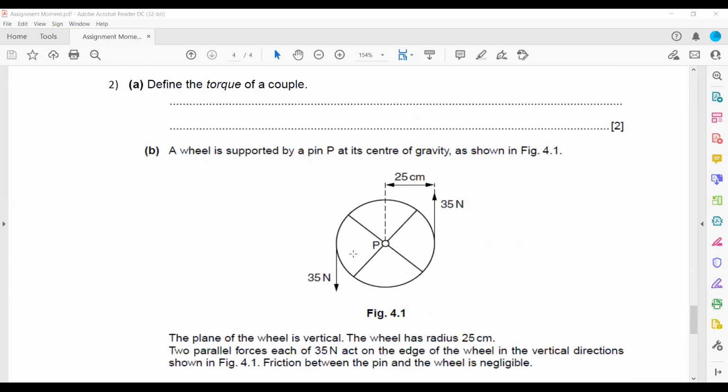Then another question, how we define a torque of a couple? What is the meaning of torque of a couple?